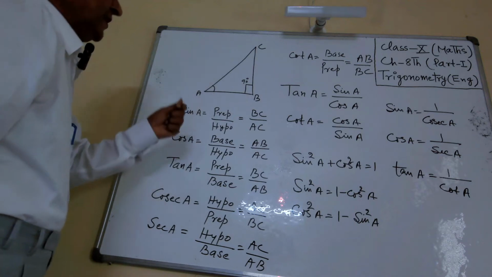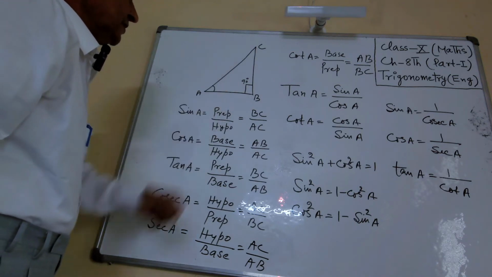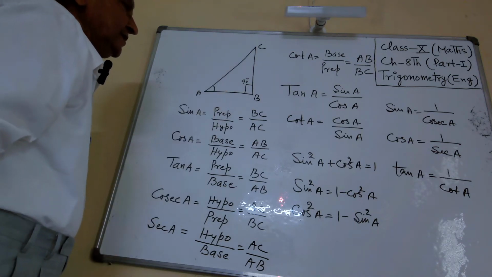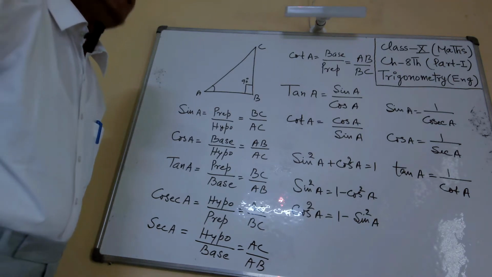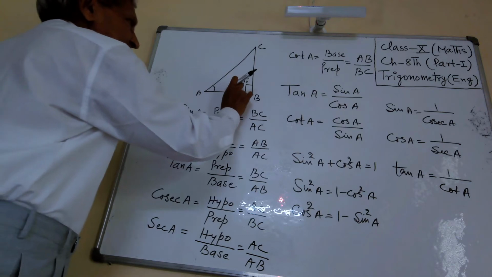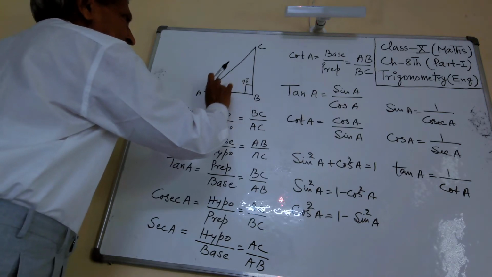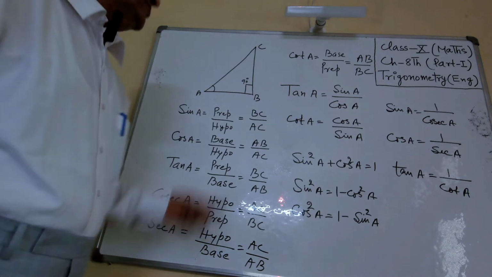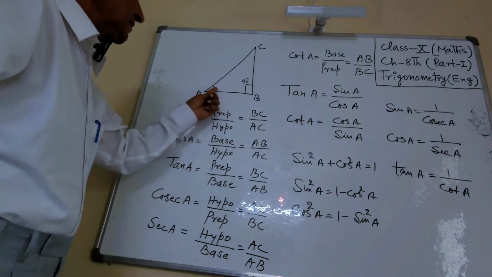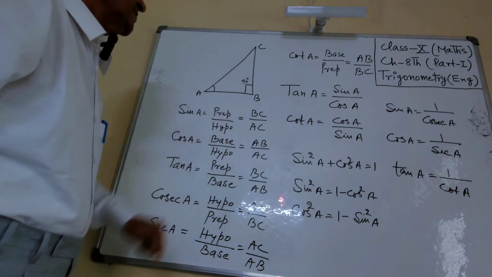Because you know that the sum of all angles of a triangle is equal to 180 degrees. So therefore, if this angle is 90 degrees, A and C will be less than 90 degrees. So A is an acute angle and C is also an acute angle.